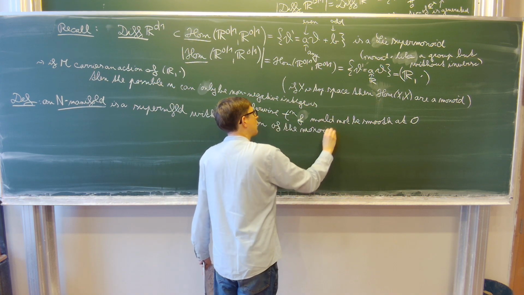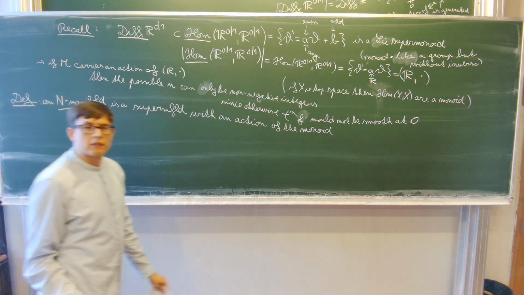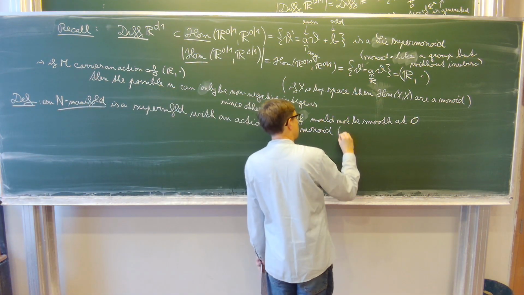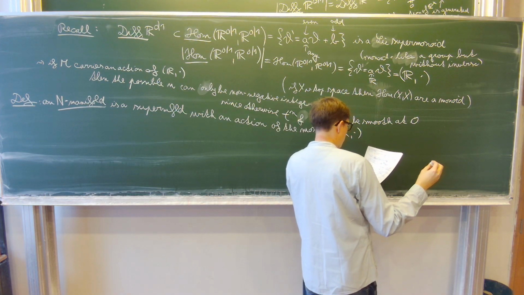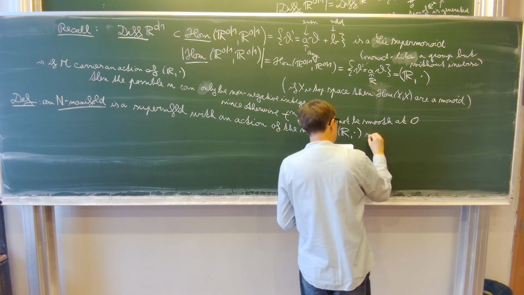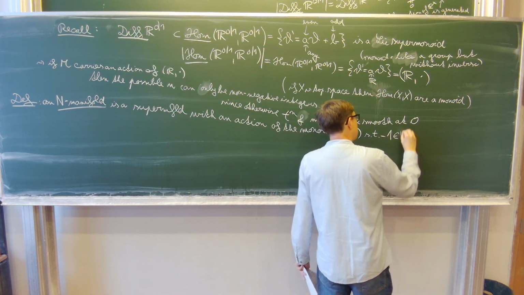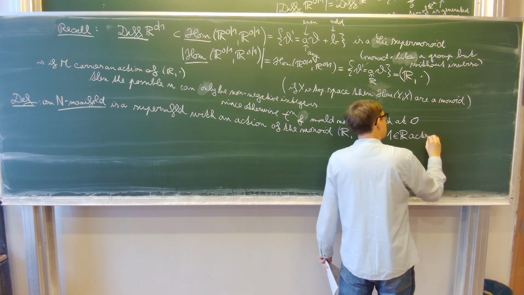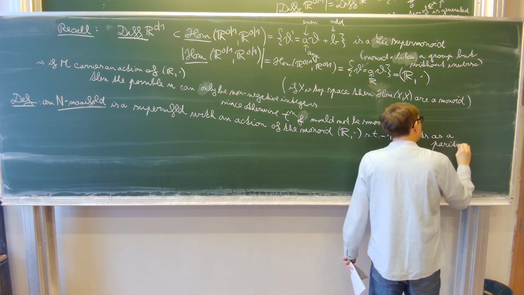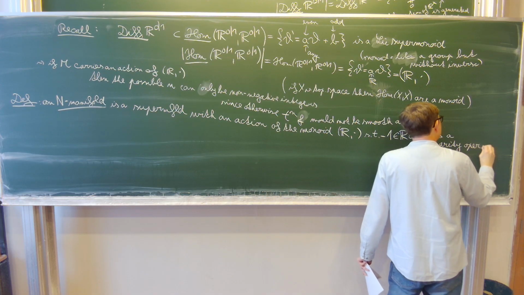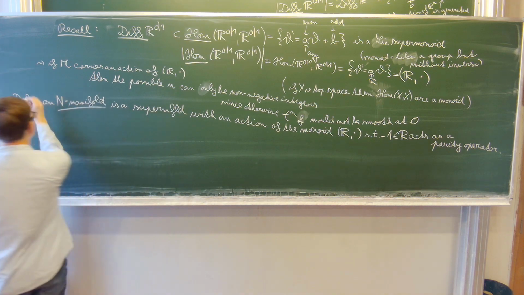I can drop left and right because this monoid is abelian. Action of this. And in Greek bracket N, but I will also require that -1 acts as the parity operator, which, if you remember, is canonically present on any supermanifold.